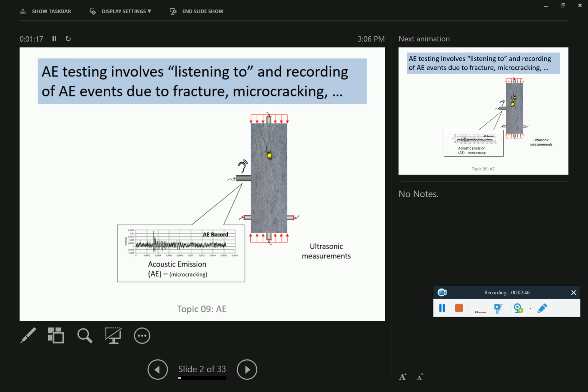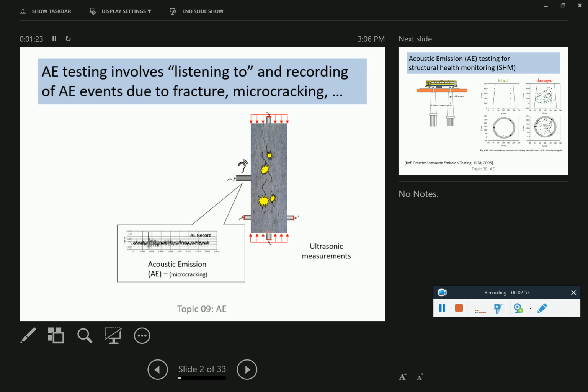And if you continue to listen, you are going to record other events. So that makes acoustic emission different because it's a monitoring technique. If you go after the event, after these cracks are already there, and you place an acoustic emission sensor, there is nothing to hear. It's a passive measurement. You are basically listening to what's going on.